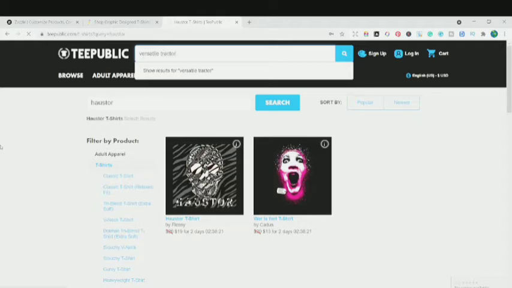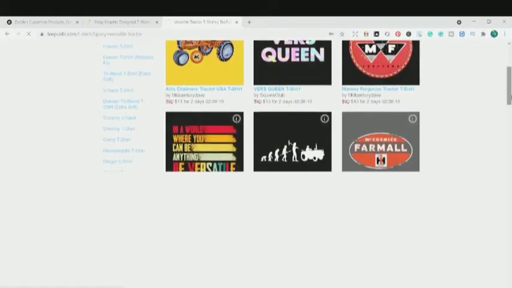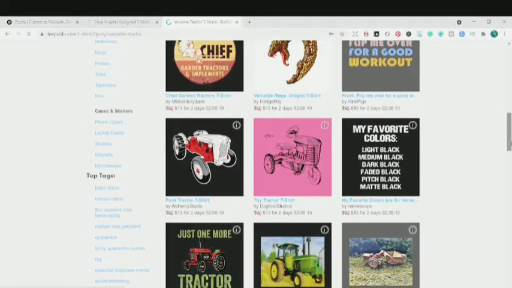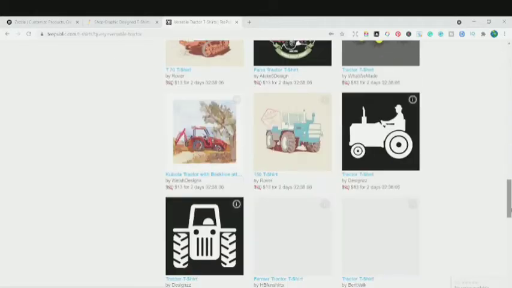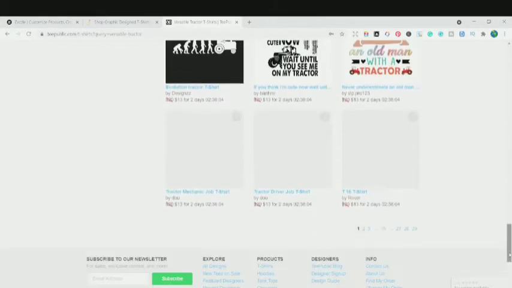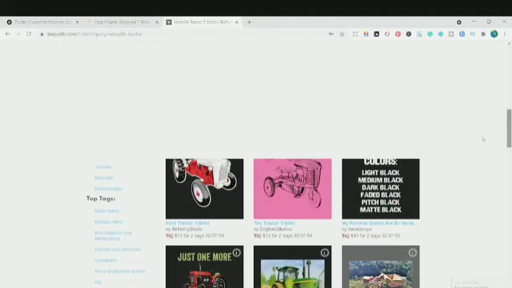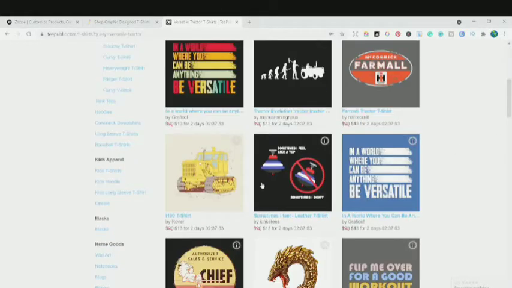It has some search results, and many people are making designs in this particular trend, so this trend is there on TeePublic as well. But for the hoster, only two designs were there. You can go and check individual designs and look at what they are doing.